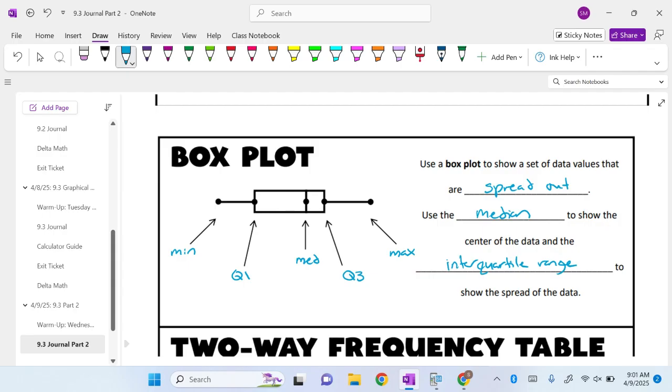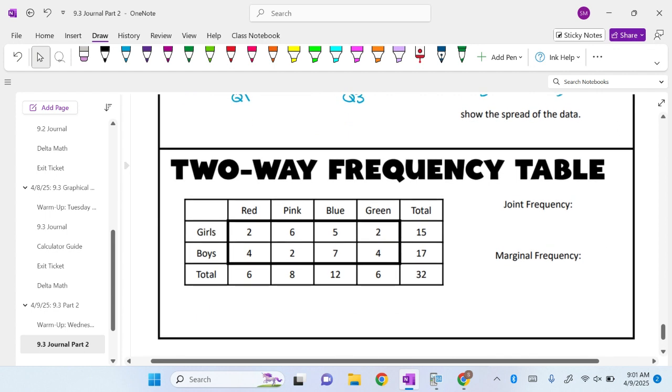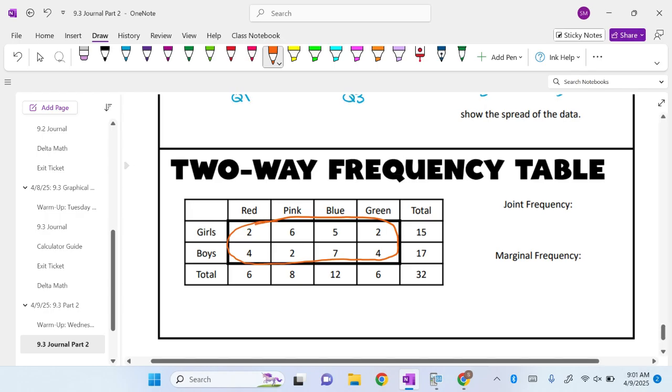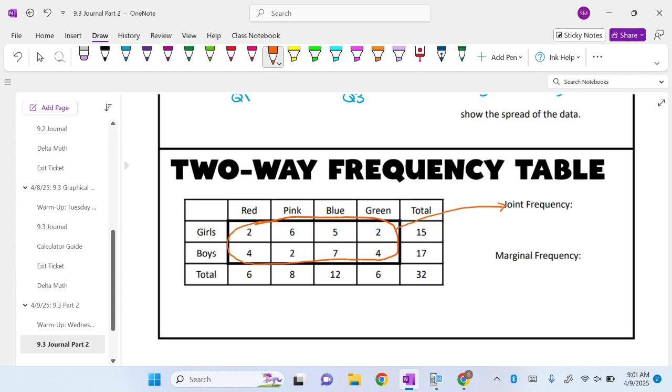And then finally, we have the two-way frequency table. Frequency tables just show frequency of more than one variable, specifically two. And just some quick vocabulary. The stuff that is our overlap, where the two different categories overlap, is known as our joint frequency. So all those numbers will be considered the joint frequency.